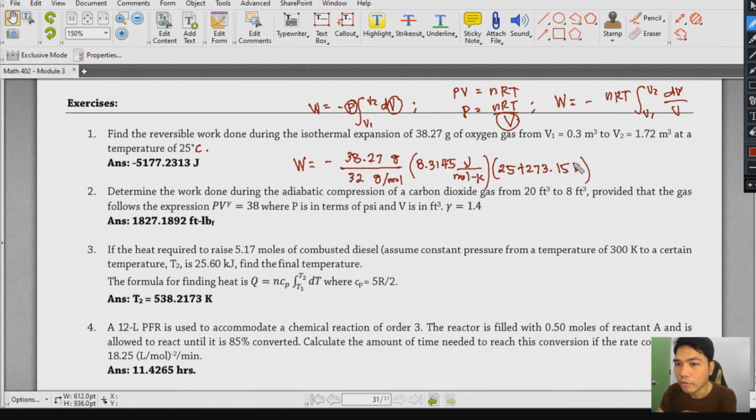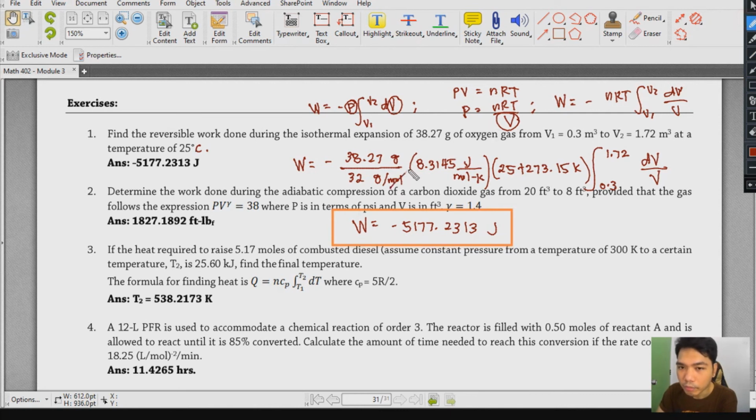So we do have the Kelvin and the moles. And then what is the integral from V1 to V2? That's 0.3 to 1.72, and you just have to write dV over V. And that's it. The work gives you negative 5177.2313 joules.